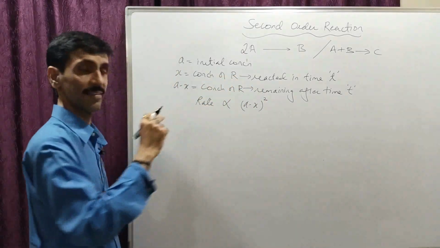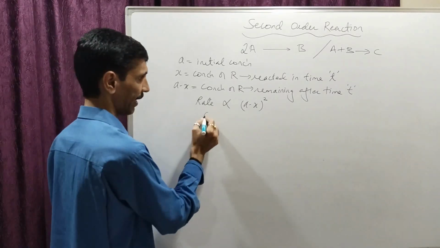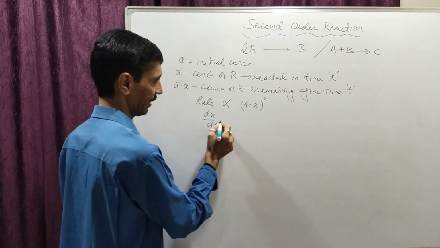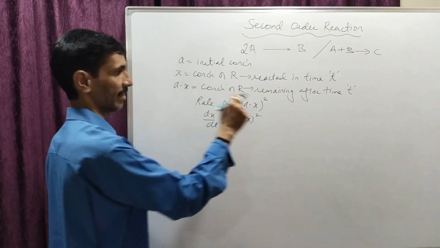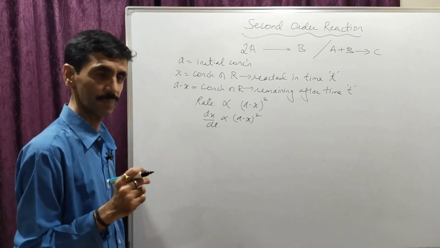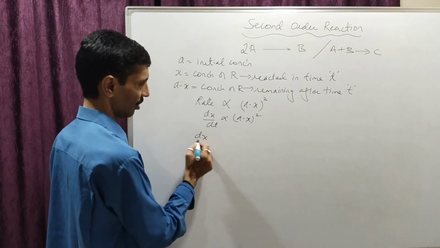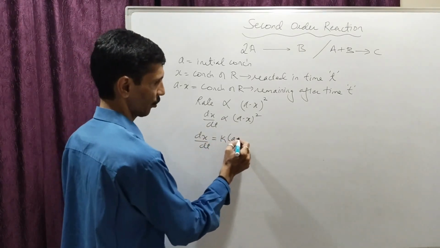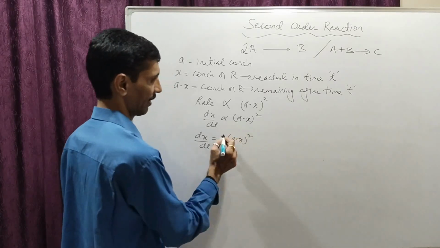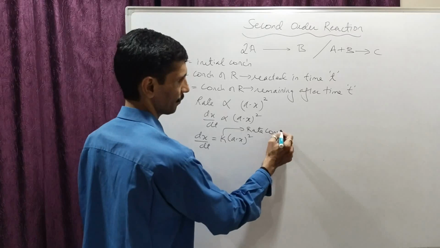Now that rate is given as the rate of change of the reactant with respect to time. So I write it down as dx by dt is proportional to A minus X the whole square because it is a second order reaction. Now I remove the proportionality sign. So what I have is dx by dt is equal to k into A minus X the whole square, where k is the rate constant.